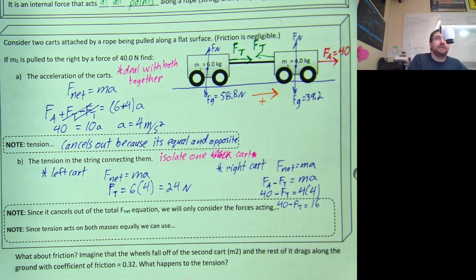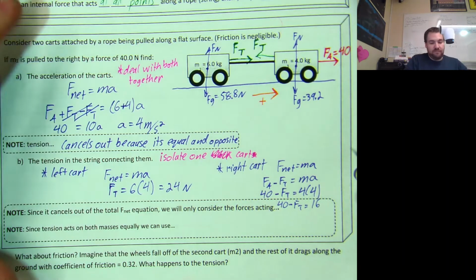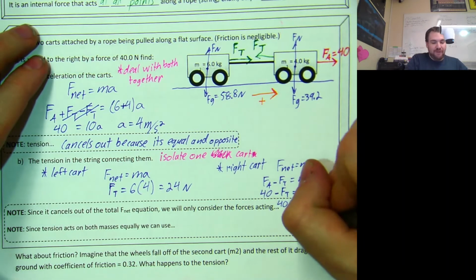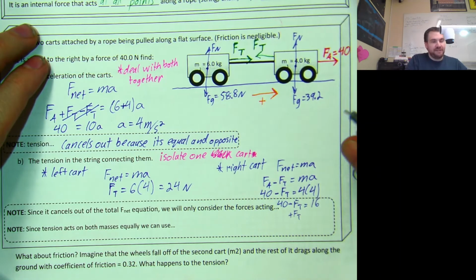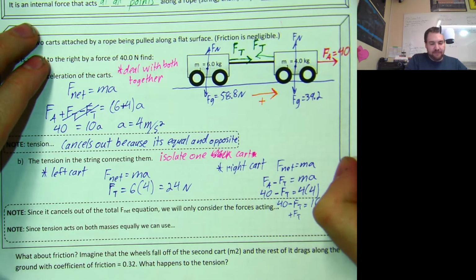How do I solve for Ft? So you want to add Ft to both sides and subtract 16 on both sides.